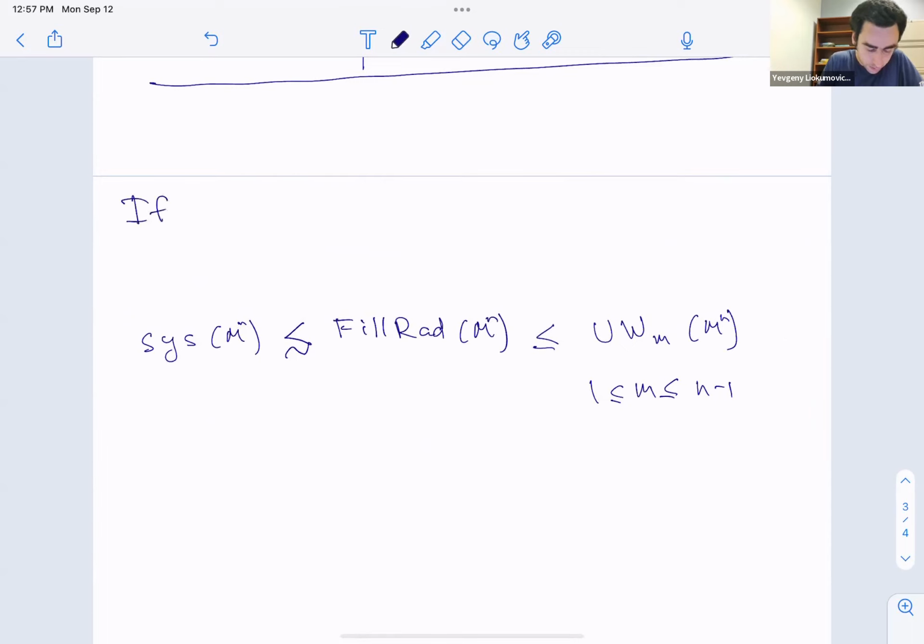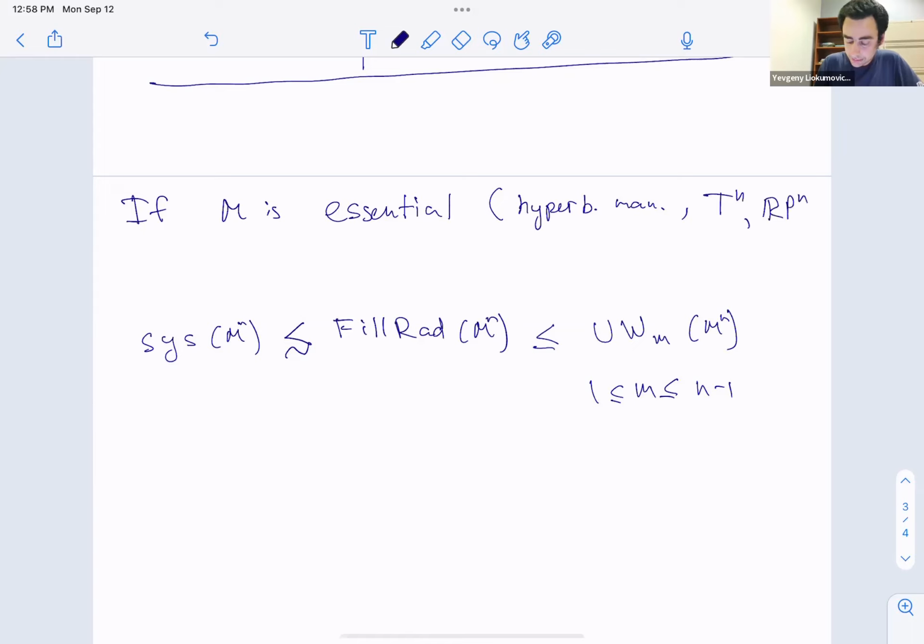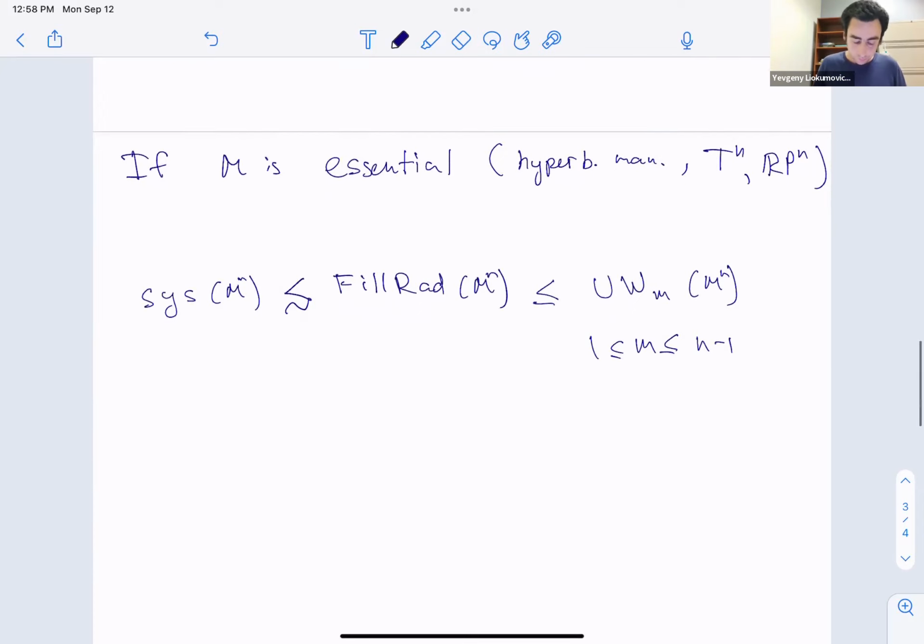So if M is essential, this is a topological class of manifolds, which includes, for example, all spherical manifolds, in particular all hyperbolic manifolds, manifolds like tori, RP^n, or any connected sum of any of those manifolds.